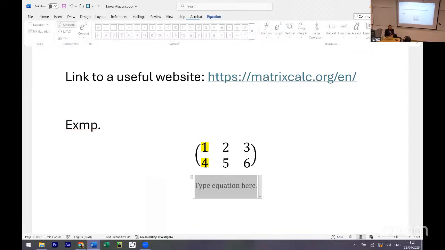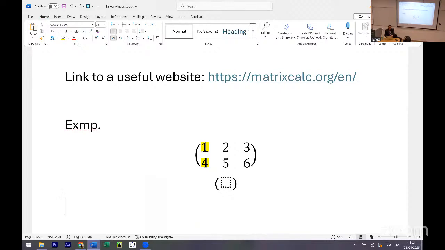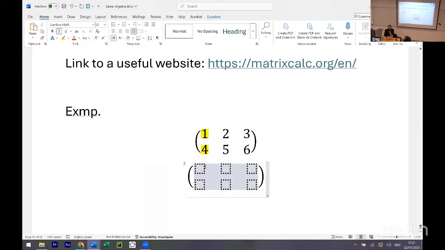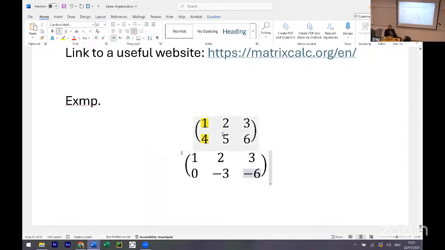However, if we look at the following matrix: 1, 2, 3, and then the second row, taking 4 times the first from the second, 0, minus 3, minus 6. Is this in echelon form?